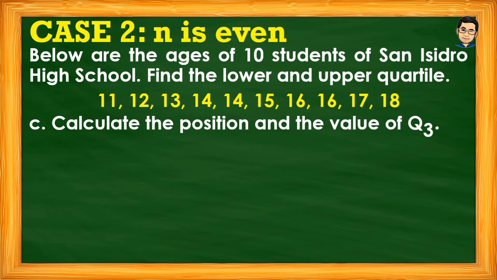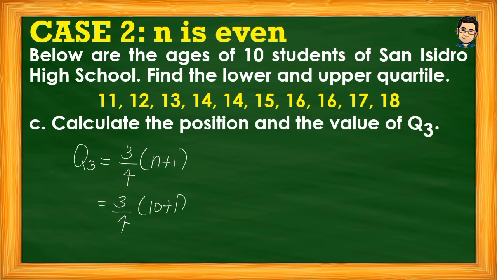Now, the formula, so Q sub 3 is equal to 3/4 times N plus 1. N is 10, so we substitute 10. That is 10 plus 1. Next, 10 plus 1 is 11.